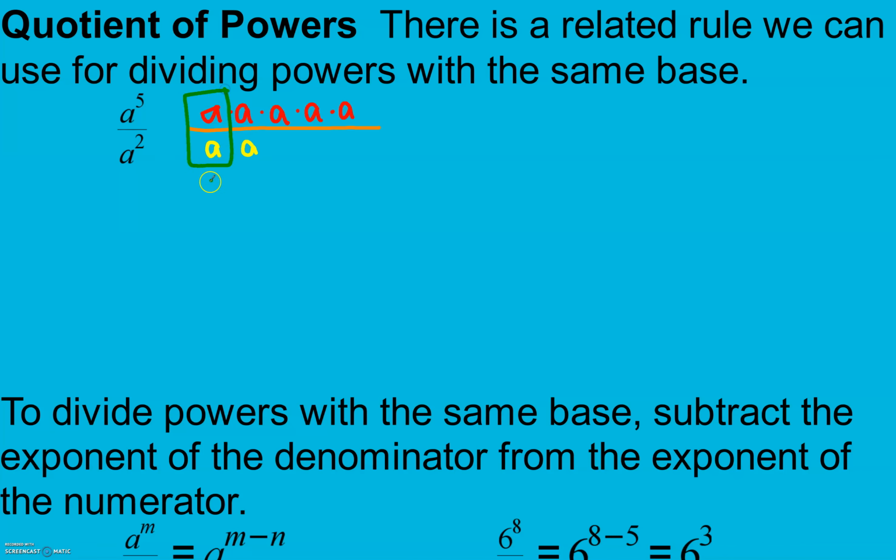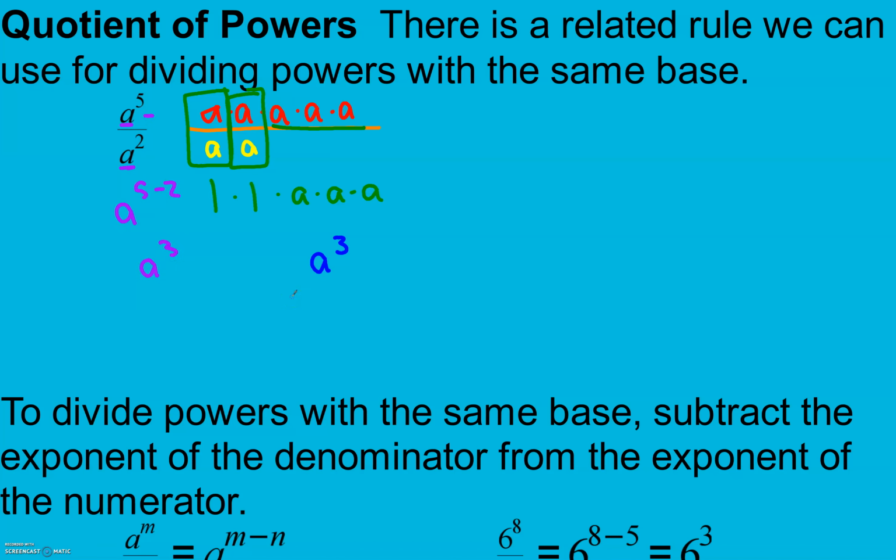So a divided by a is just 1, a divided by a is just 1, and then what I have left is a times a times a. If I simplify here, 1 times 1 is just 1, times anything is itself. A times a times a is a cubed. That's the same thing we would have gotten if we'd taken our base and subtracted our exponents. 5 minus 2 also would have given me a cubed.